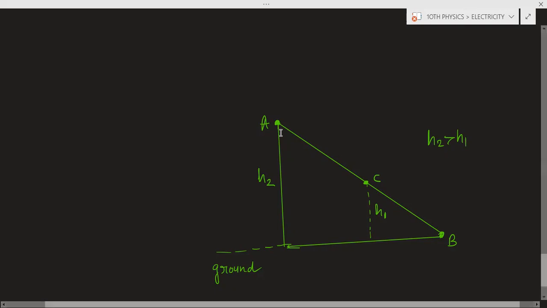Sir, A to C. Means what you are saying, the water will flow from higher height to lower height. Yes, sir. Water is flowing from higher height to lower height. Okay.